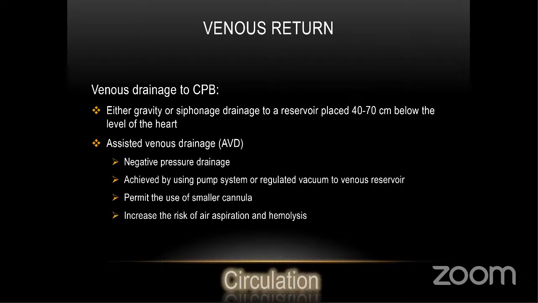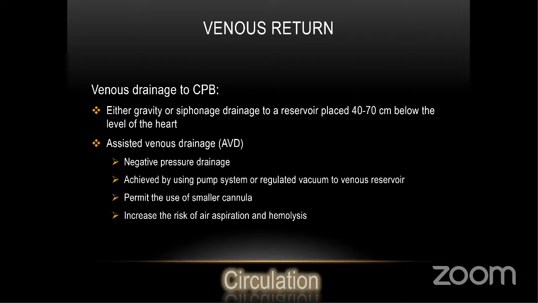Usually, venous return is drained from the patient either by gravity or siphonic drainage to a reservoir that's placed around 40 to 70 centimeters below the level of the heart.